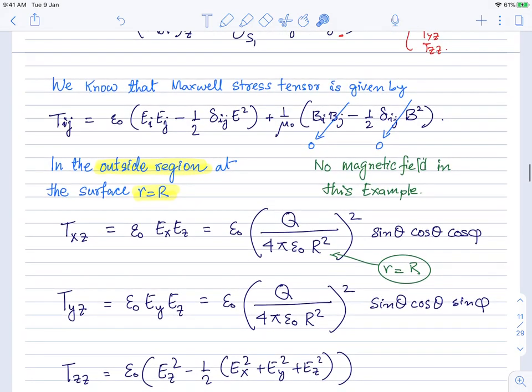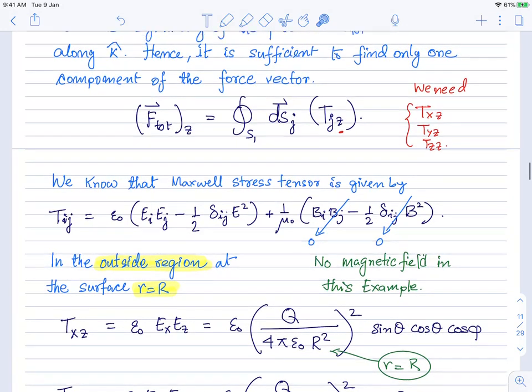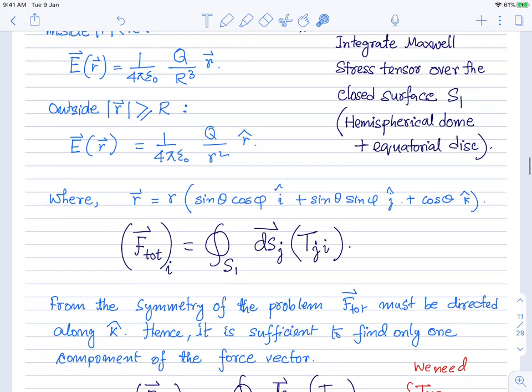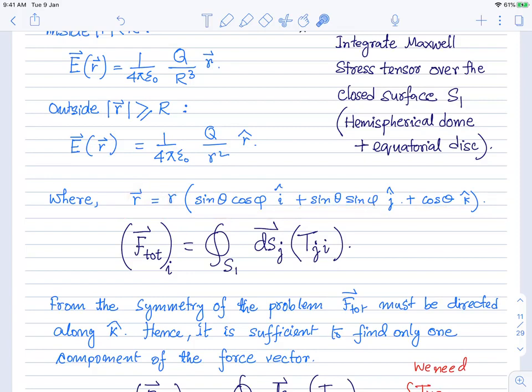And here, because we are going to consider this outside electric field, the outside electric field has this expression. So the Ex, Ey, Ez are basically the x, y, z components of this r hat vector. And as you can see, the r vector is basically this full vector, so if you remove this r from here, then it simply becomes r hat. So these are the components of the r hat vector, the x component, y component, and the z component.